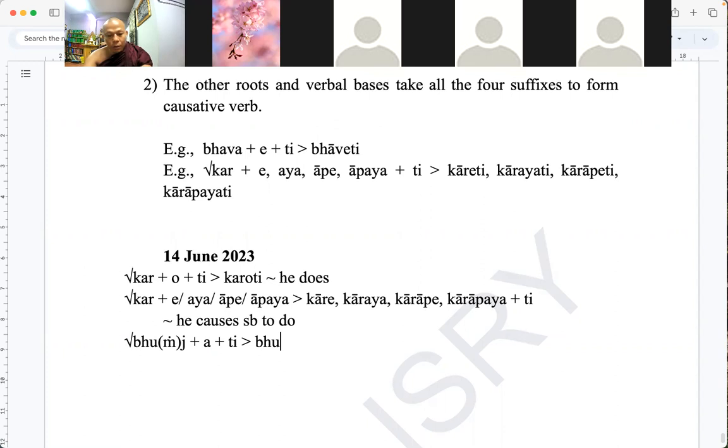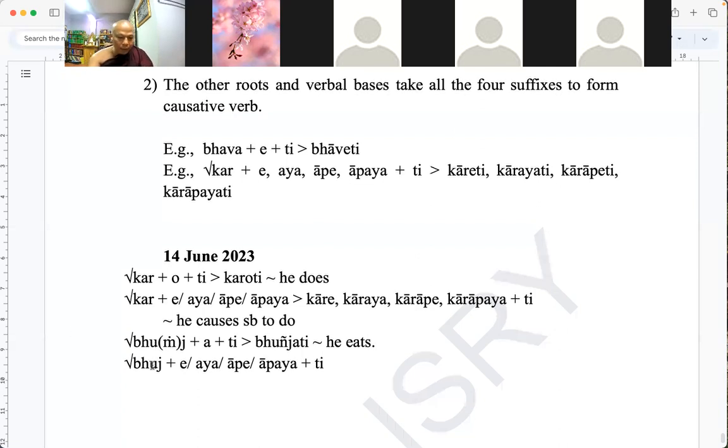So we have bhunjati. Bhunjati means he eats. Okay. But here in the causative form, root bhuj, after that e or aya, and then abe, and then abaya, any one of them, and then ti.